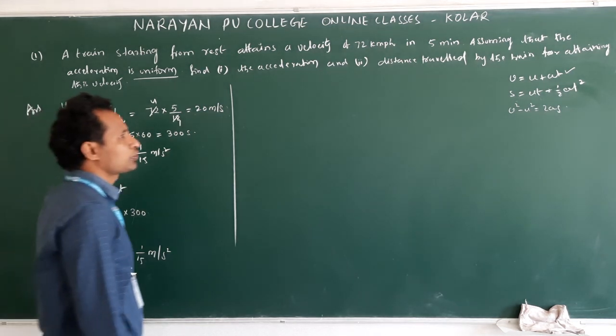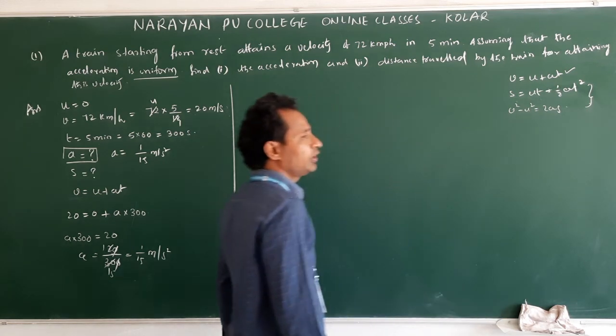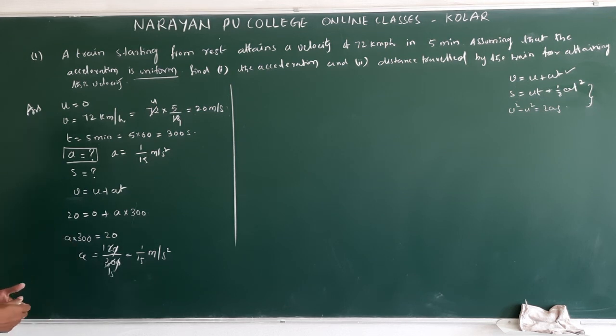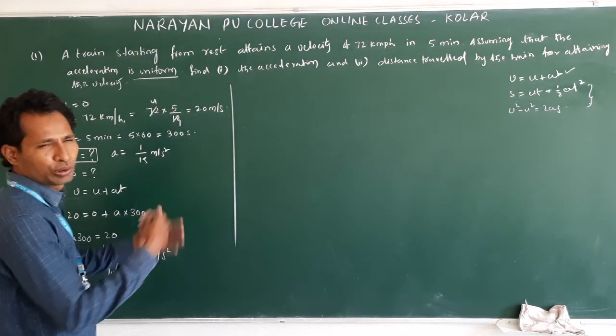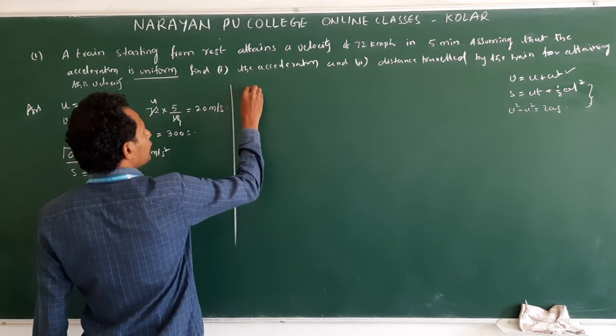So which equation is suitable? Both are suitable. Clear? Whichever you like, it depends on you. Whichever equation has a simple calculation, you select that. So I will give both solutions. You do not worry.